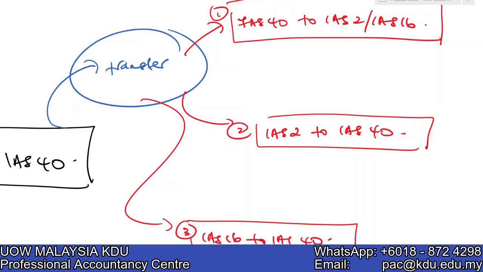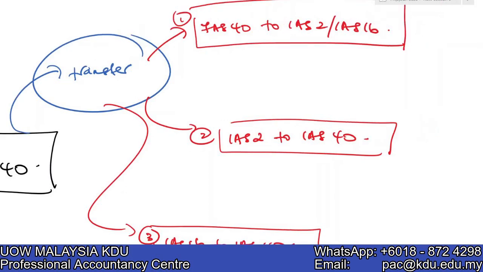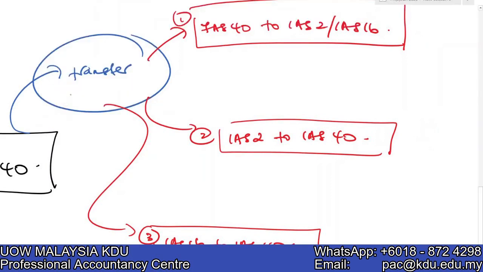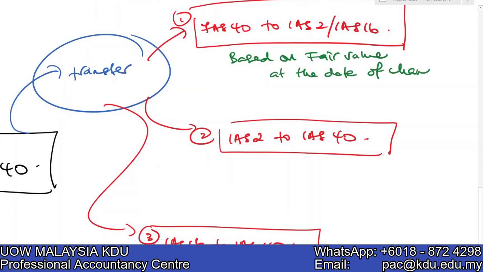I should take the fair value of the investment property as my inventory or as my property, plant, equipment. So it will be based on fair value at the date of change.